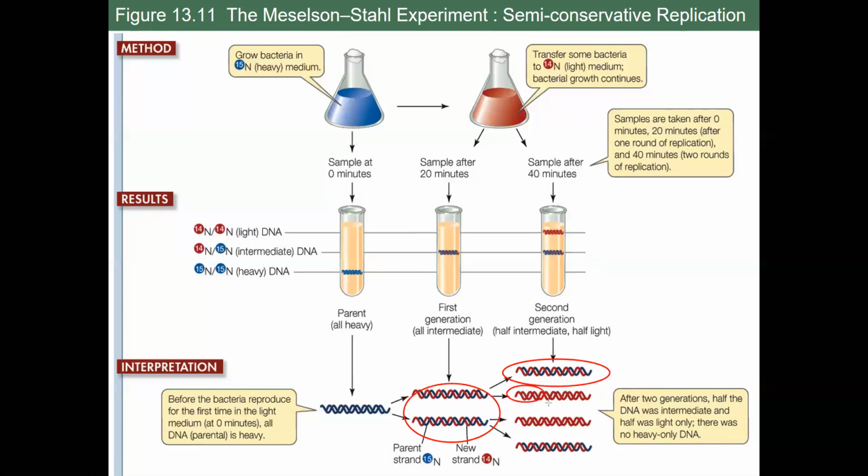In addition, the other strand that was originally nitrogen-14 made a complement of nitrogen-14 also, making it much lighter. So by looking at the different weights of the DNA molecules, Meselson and Stahl used these stable isotopes to have empirical proof that DNA replication was indeed semi-conservative, as Watson and Crick had originally proposed.